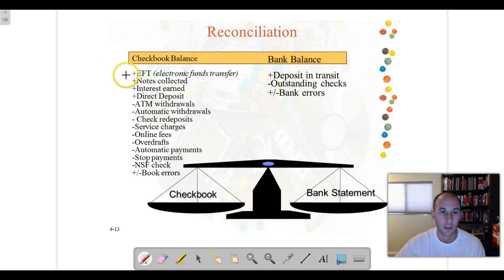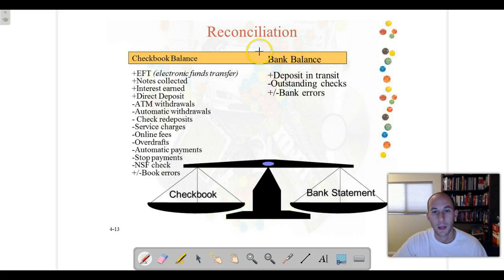So it's increasing or crediting our checkbook balance, if you want to think of it like that. And then we have these other ones down here, our negatives, which are debiting, I guess, if you will. I don't like saying it that way because it's kind of confusing. But these are subtracting away from our checkbook balance side. And then book errors could be plus or minus, depending on which way you have to correct your errors.